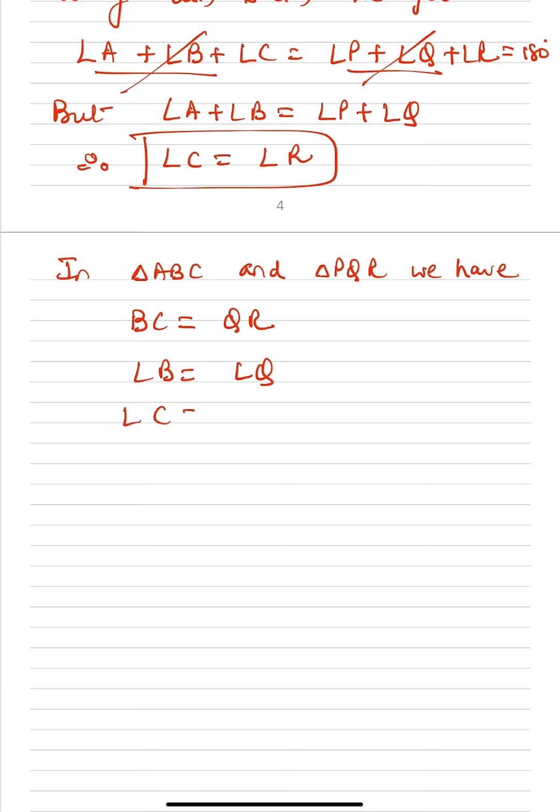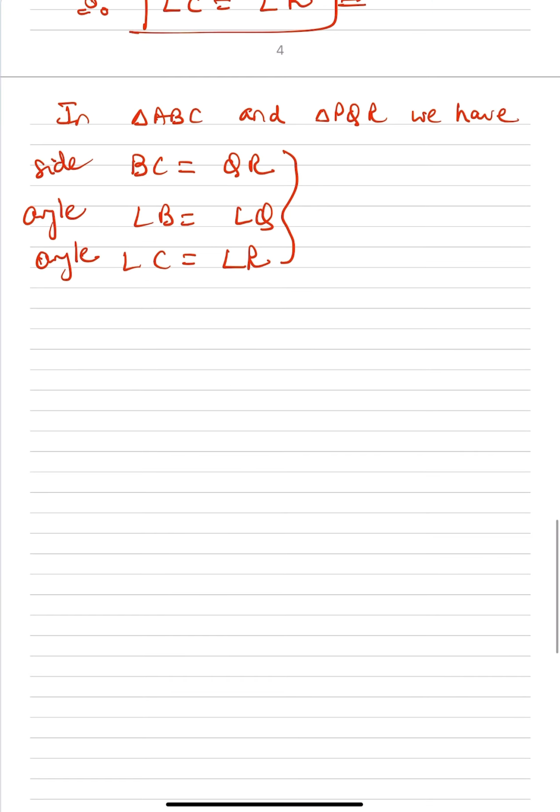And now we have proved that angle C is equal to angle R. So these three mean angle, side, angle. So we can say that by A.S.A congruency, triangle ABC is congruent to triangle PQR. Got it? And hence proved.